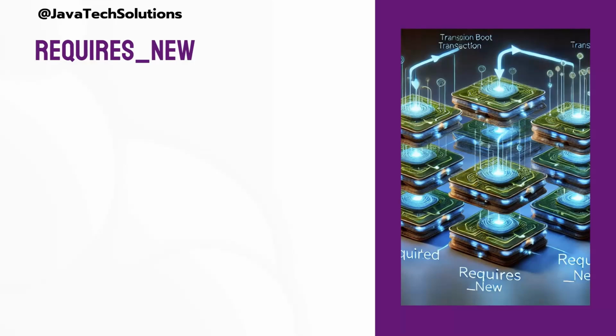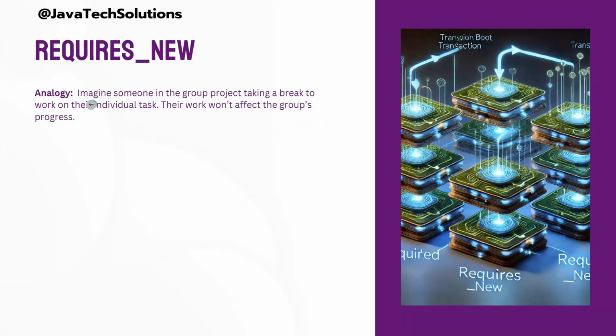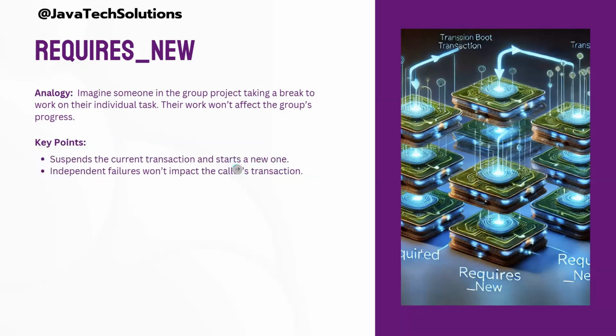If there is any existing transaction, it will be suspended while the new transaction is active. Let's say someone in a group project takes a break to work on their individual tasks, so their work won't affect the group progress, right? This is the kind of thing REQUIRES_NEW is doing.